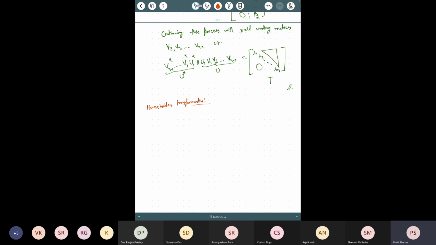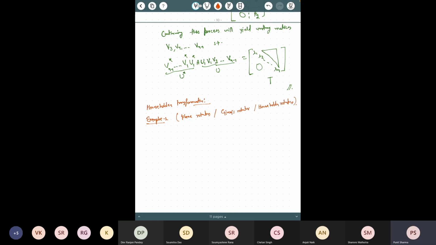If you use them for your similarity transformation, then that transformation is called a householder transformation. So there are two kinds of unitary matrices. The first one is the householder rotators. They have different names. They are called plane rotators, or Given's rotators, or householder rotators.